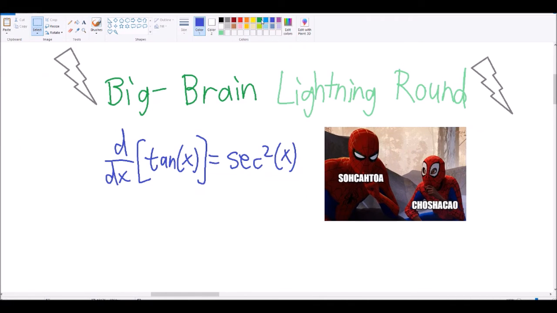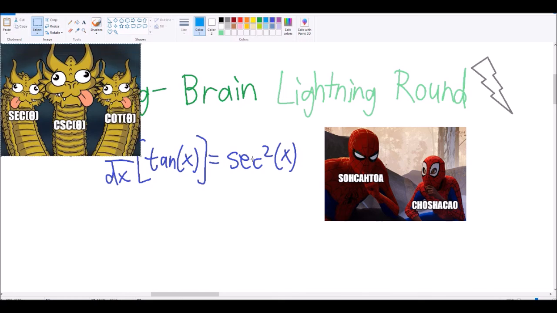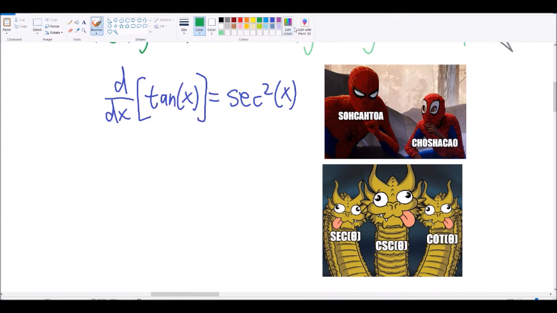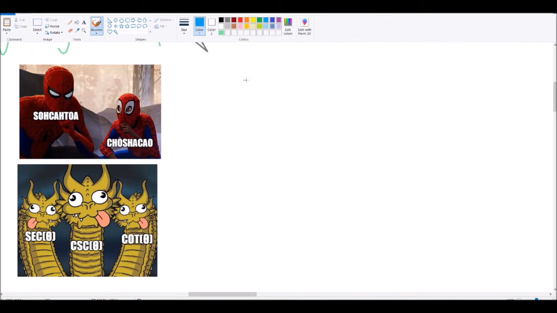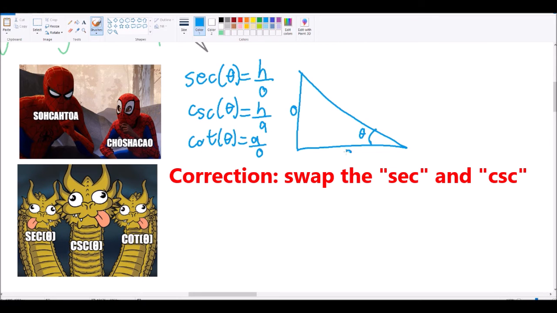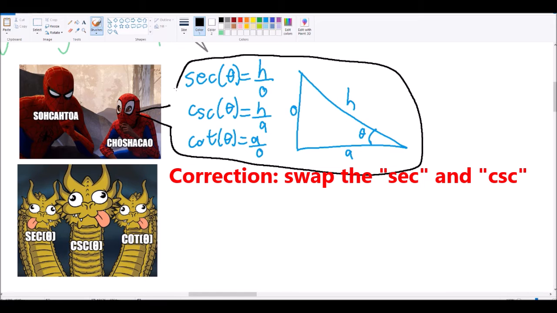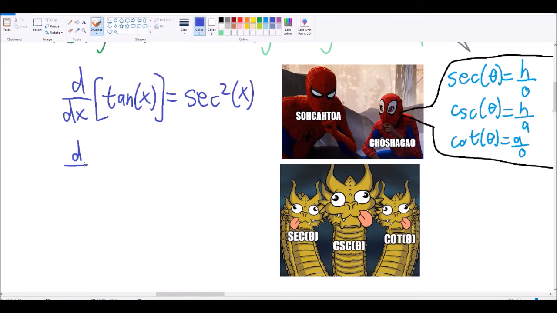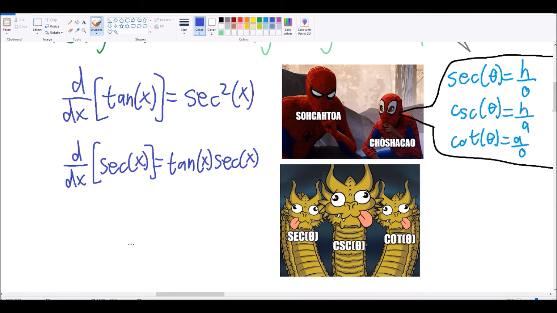And this, by the way, is one of the few times that we bring up SOHCAHTOA's brother, CHOSHAKAO. This is partly because CHOSHAKAO is always in the shadow of SOHCAHTOA. The derivative of secant of x is also one of those functions that is the derivative of itself, but it has a multiplier of tangent of x.